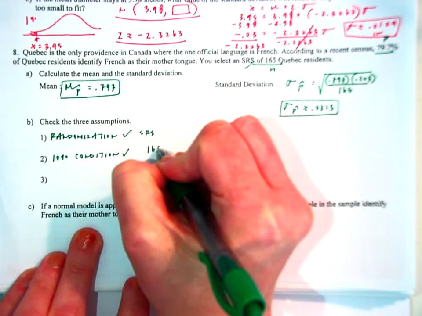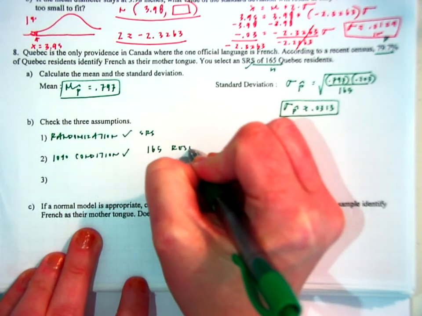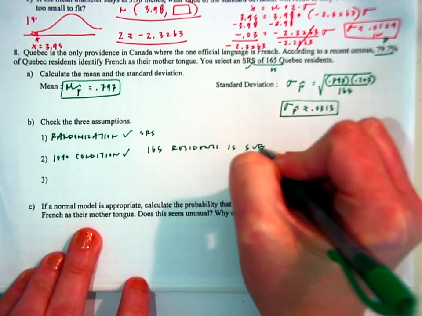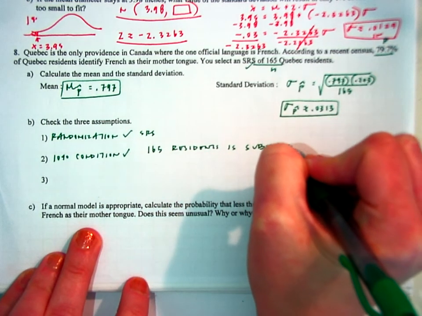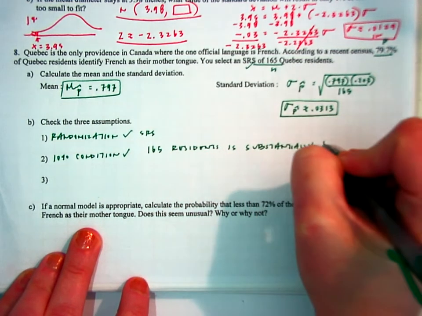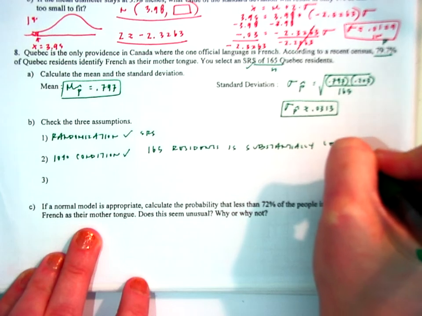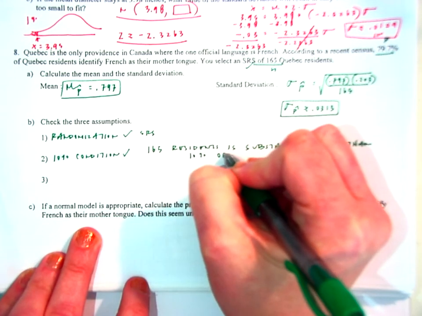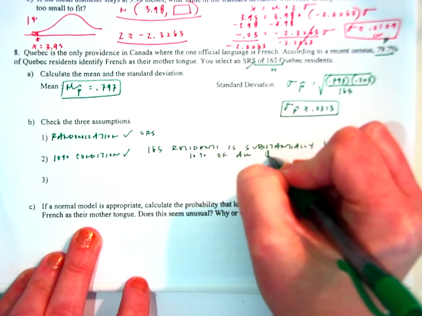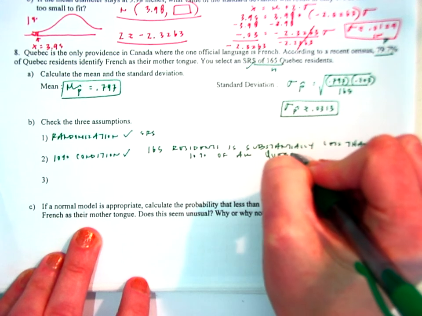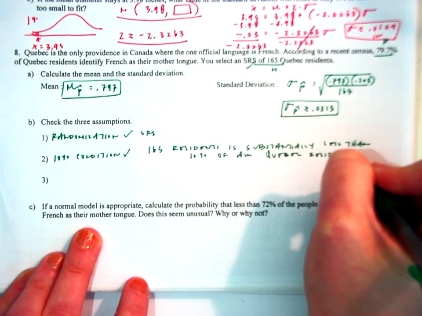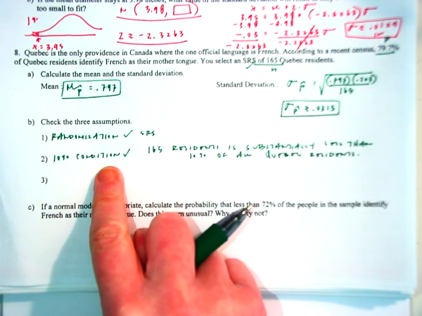So 165 residents is substantially less than 10% of all Quebec residents. Right? So 10% condition, we have met it.